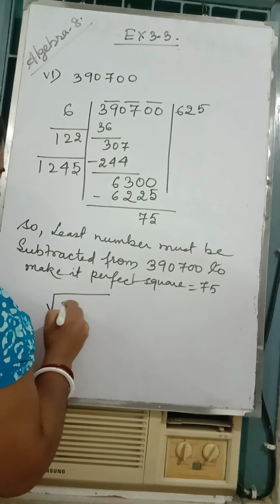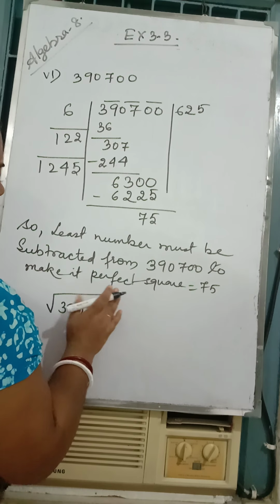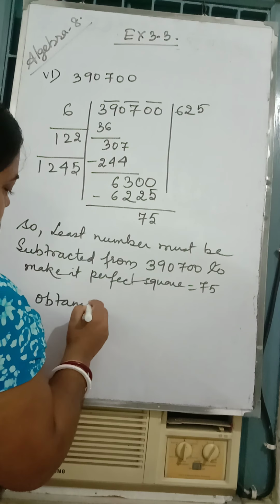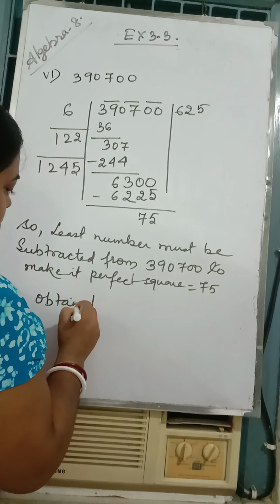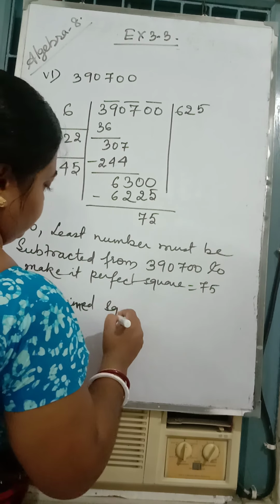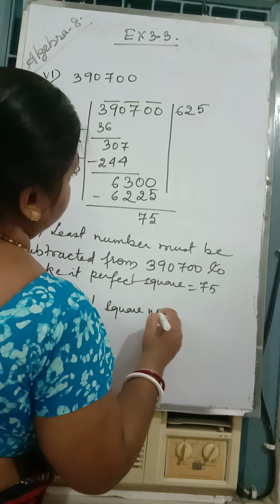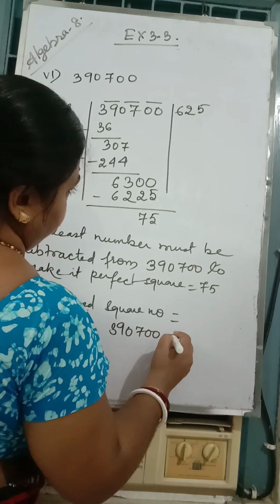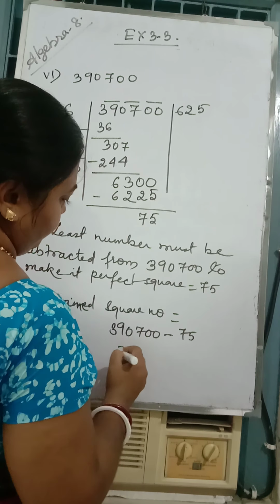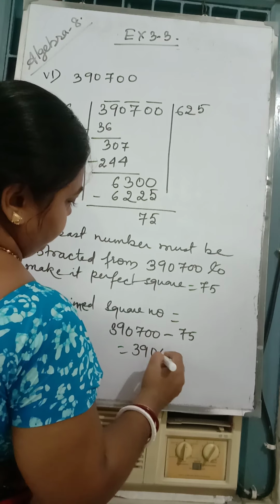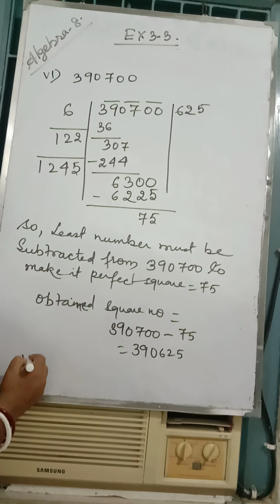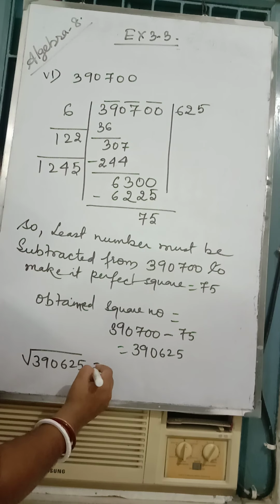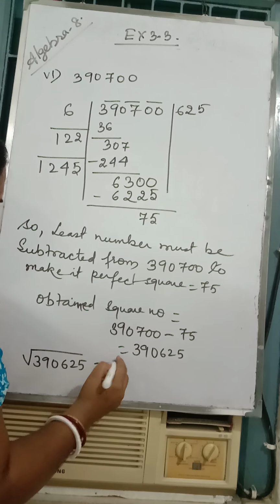The obtained square number is 390700 minus 75, 390625, and the square root of 390625 is 625.